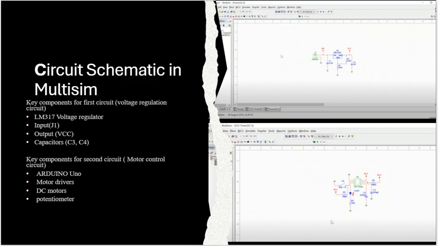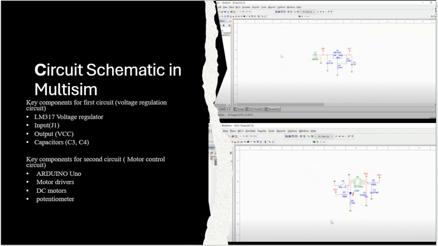The input receives a 20 volt power supply, and the output is VCC, which, self-explanatory, delivers the regulated voltage to the rest of the circuit. And the capacitors filter out the noise and stabilize the voltage supply to prevent any fluctuations.